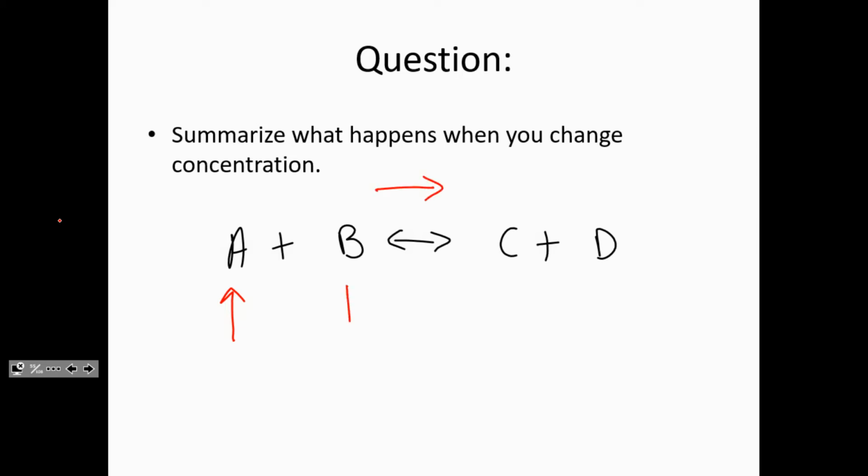If I decrease the amount of reactant B, equilibrium would shift to the left. If I increased product C, equilibrium would shift left. And if I decrease product D, I will shift equilibrium to the right.